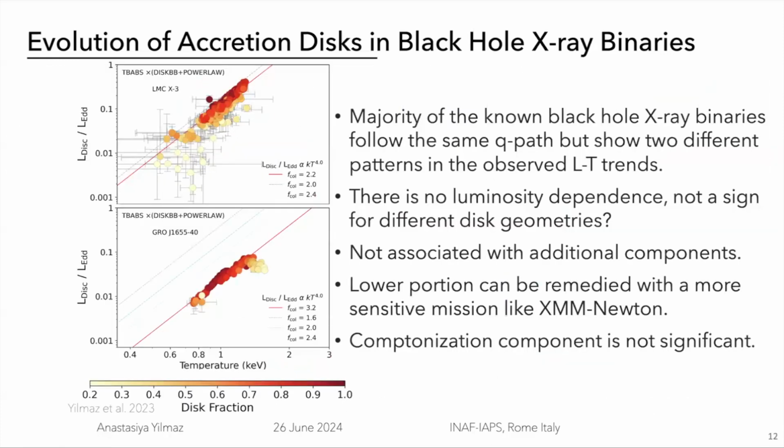So as a summary, as I said, most of them are commonly evolving through a similar path, but they do not seem to show similar patterns in their observed luminosity and temperature. But we also looked at how the launching of other components, especially the accretion disk wind and also the reflection component, might change.